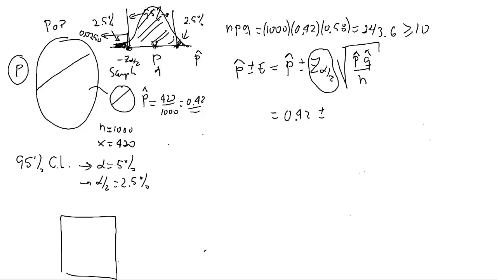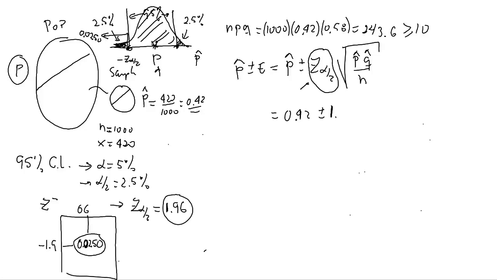That is the number that we need to find here, 0.0250. The corresponding z-score for this value, in the negative z-score table, is negative 1.96. Then the corresponding critical value for a 95% confidence level should be 1.96.